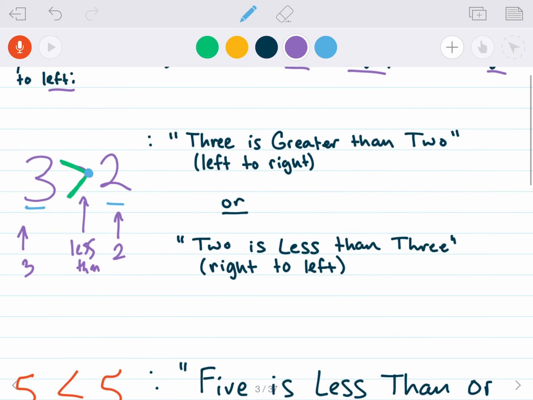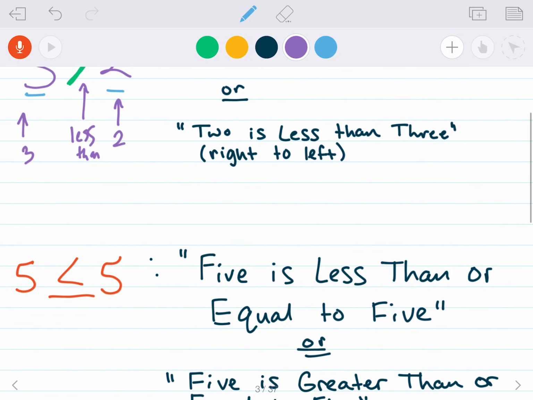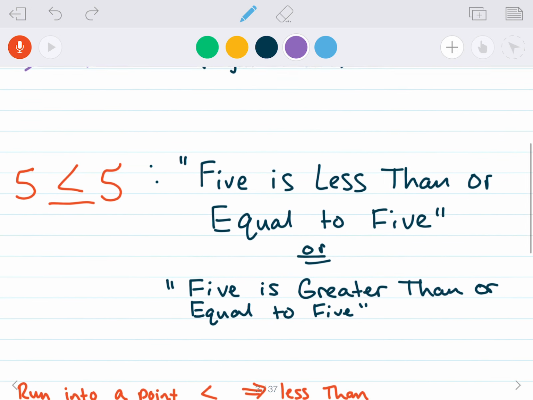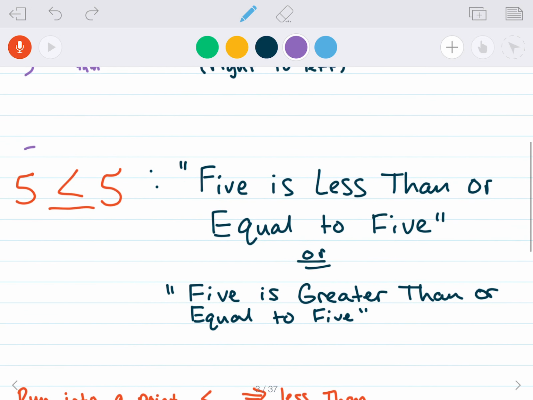Okay, let's try the next one. Here is the less than or equal to sign. That means that the 2 numbers that we're comparing actually could be equal to each other, or one could be less than the other. Either would make it a true statement. Reading this from left to right, you can start with 5.